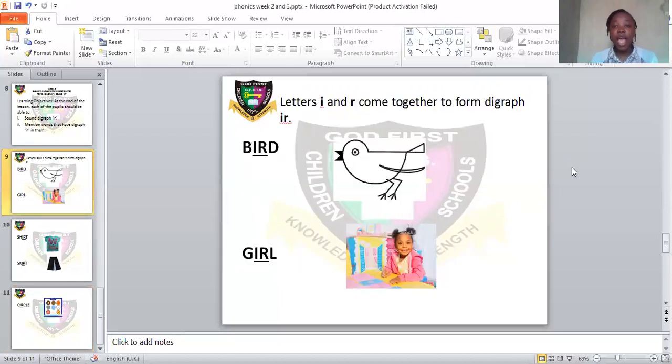Letters I and R come together to form digraph IR.